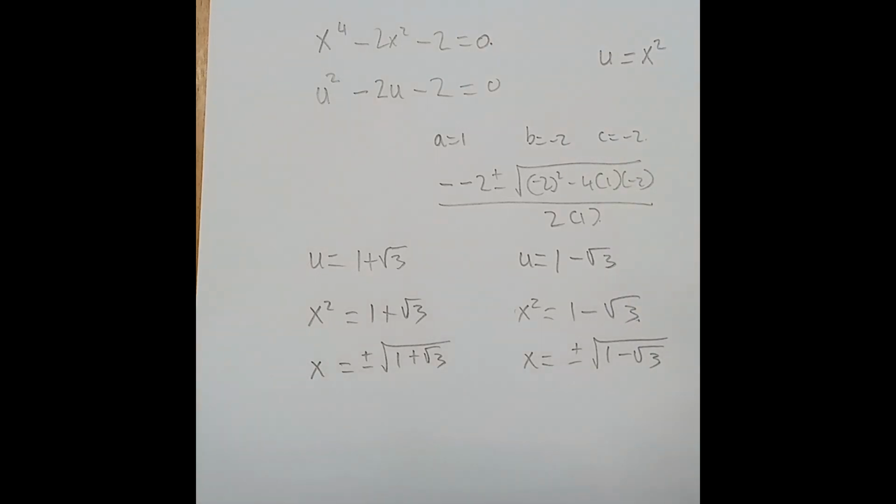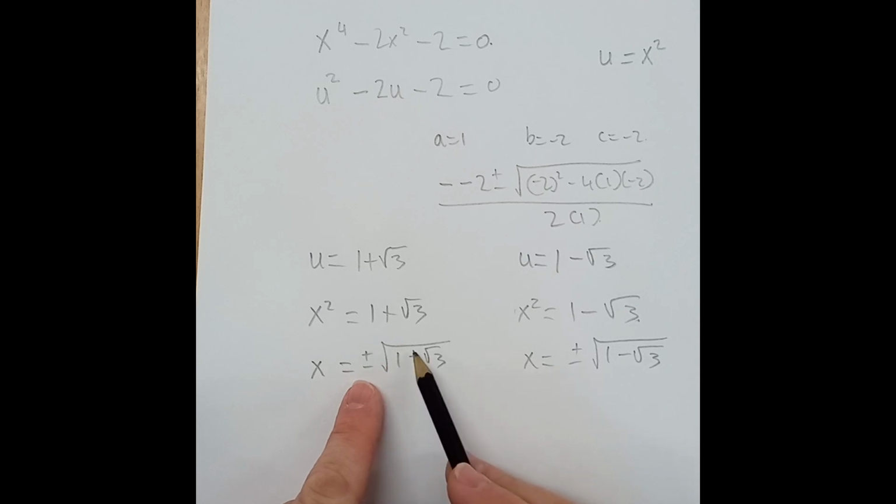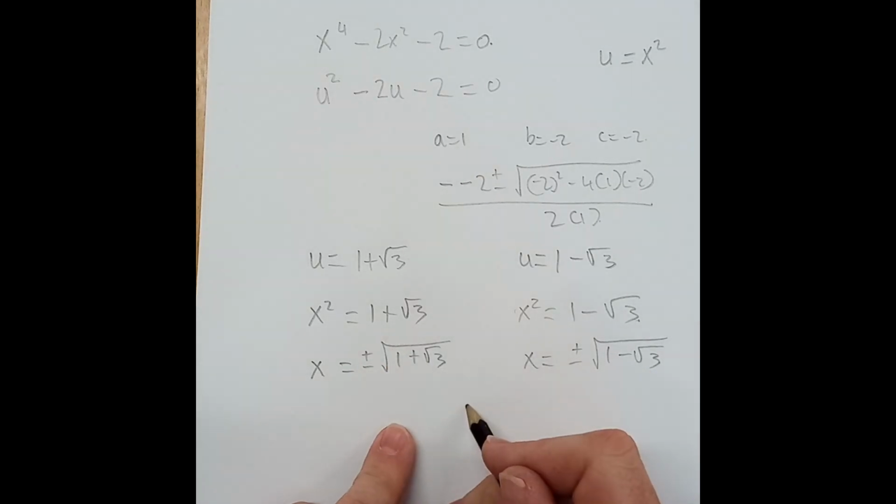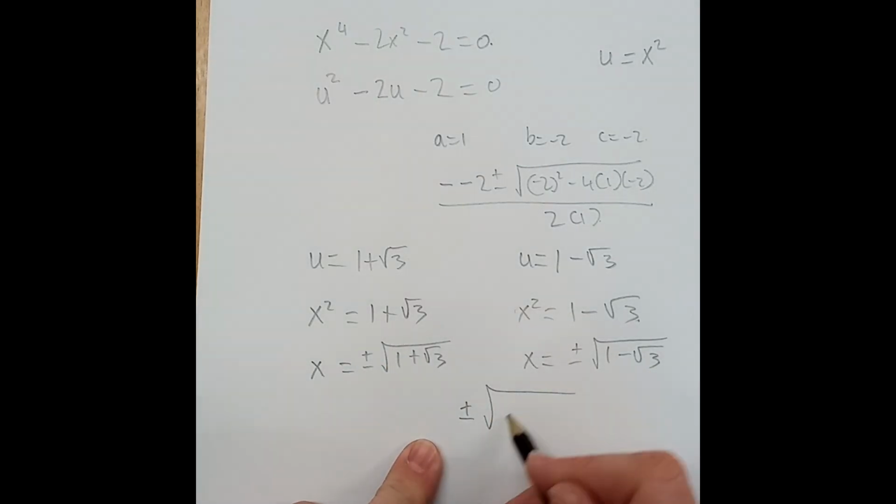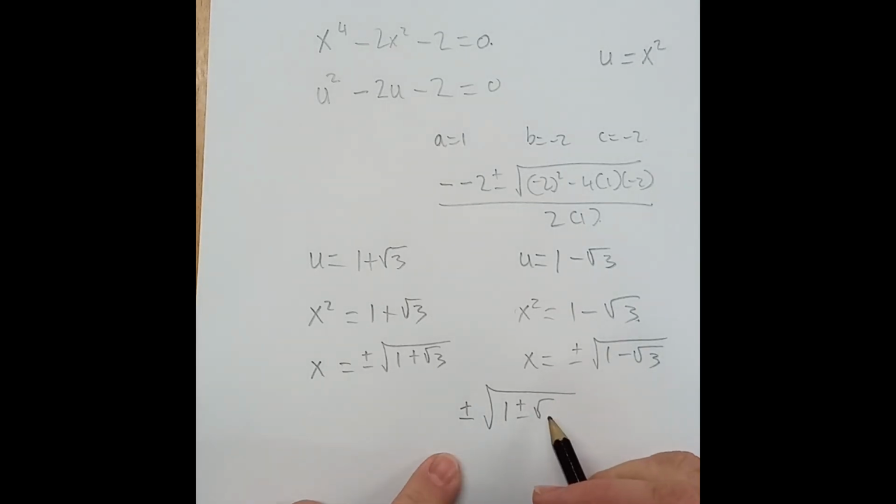Okay, so that's that one done. Now you could make that tidier. You could have plus or minus the square root of 1 plus or minus root 3, if you wanted to. Okay, cool.